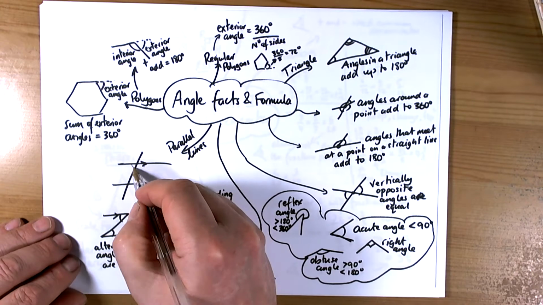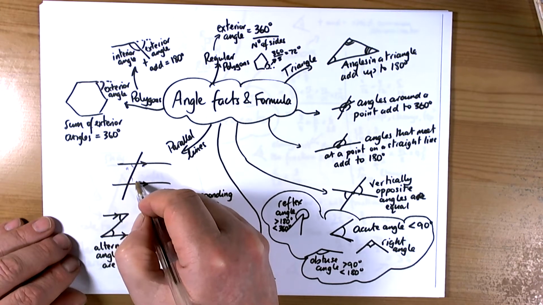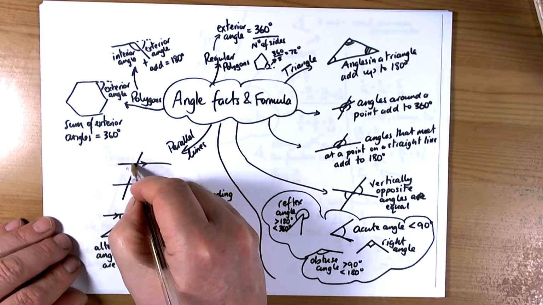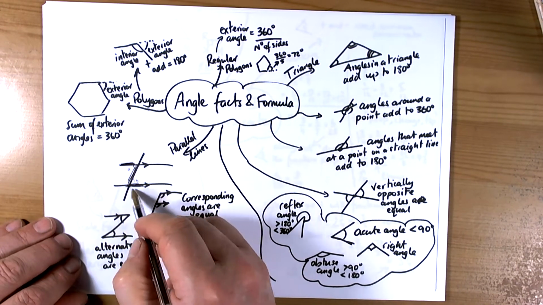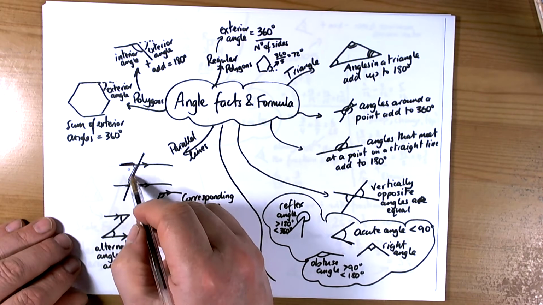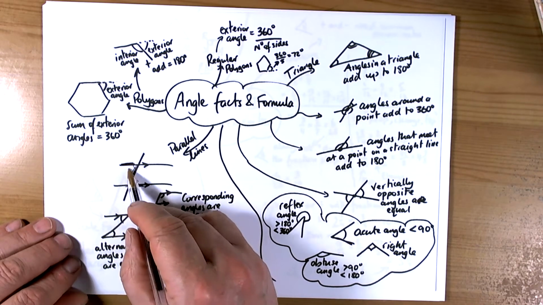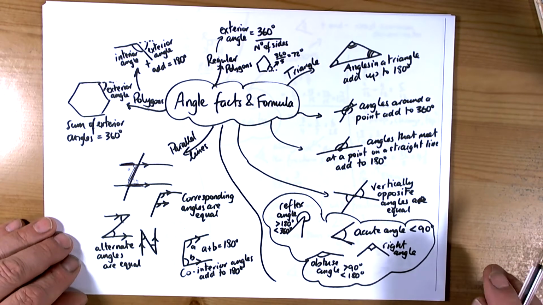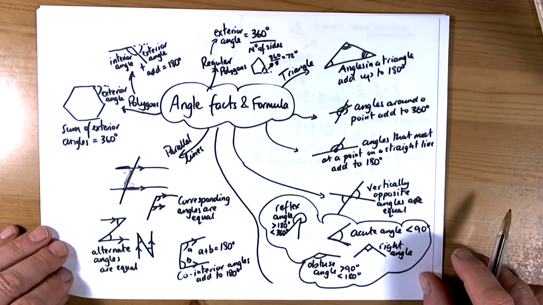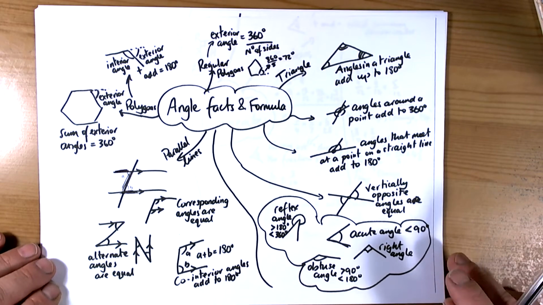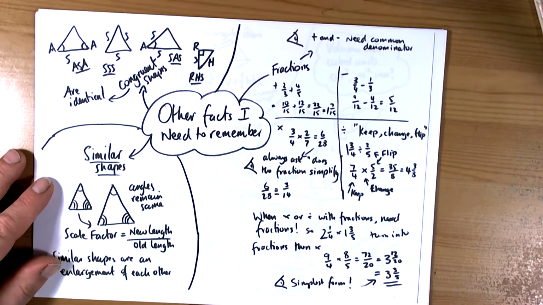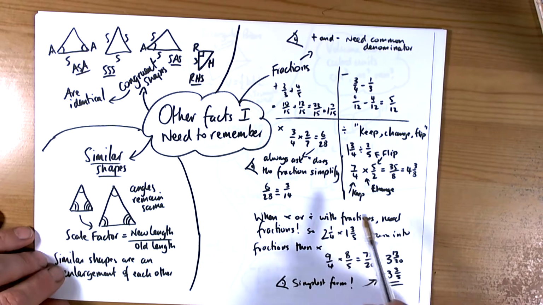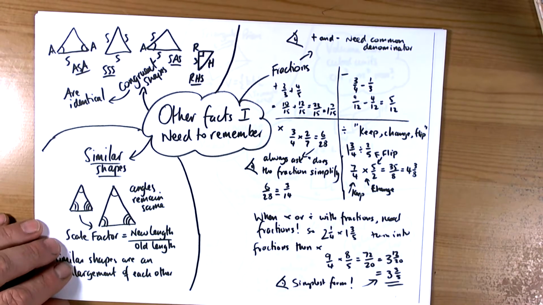For example, if they told you this angle and they wanted this angle, then we can see that if we go over there, there and there, we create a backward Z, which means these two angles must be the same, so we can say alternate angles are equal, and so on. So again, make sure you know your angle facts, because they're bound to ask you at least one question involving finding missing angles.